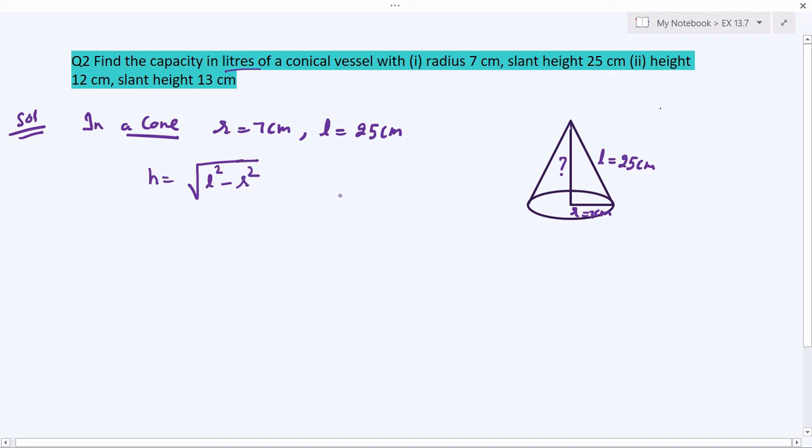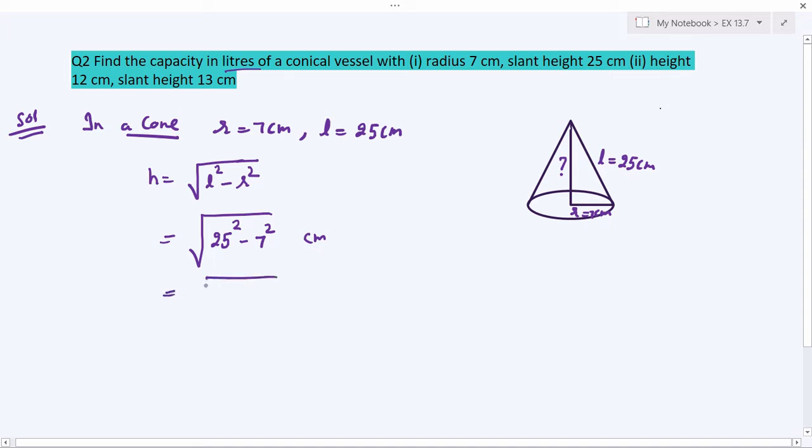Right? Now put these values here in this formula. l square is your 25 square minus 7 square, and I will straight away write down here centimeter, because if I write centimeter square here and take the square root of that centimeter square, it will come out centimeter. So you can straight away write down here.